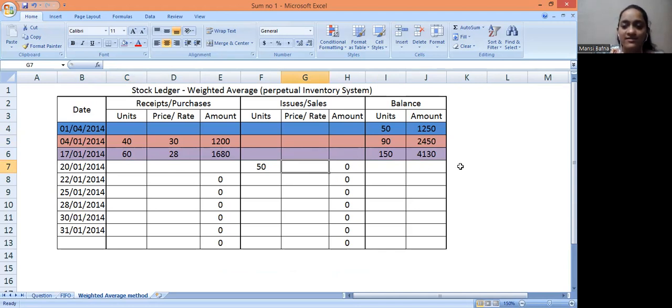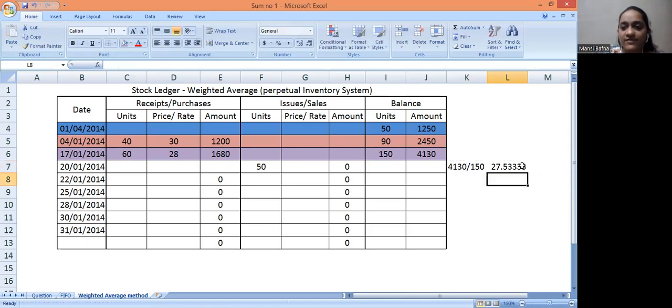To calculate the rate, what we are going to do is divide the total balance by the number of units. So here to get the rate, you will do 4130 divided by 150. This is how you're going to calculate the rate for the sale transaction.